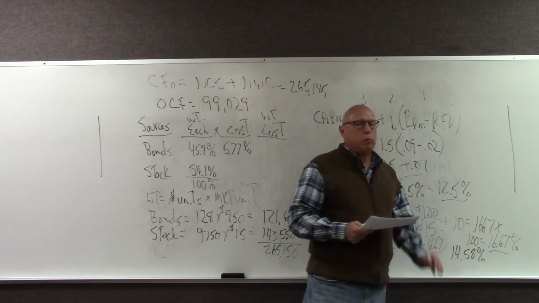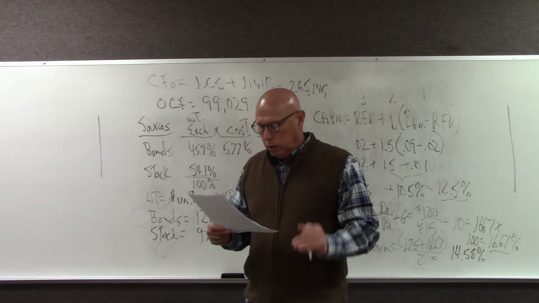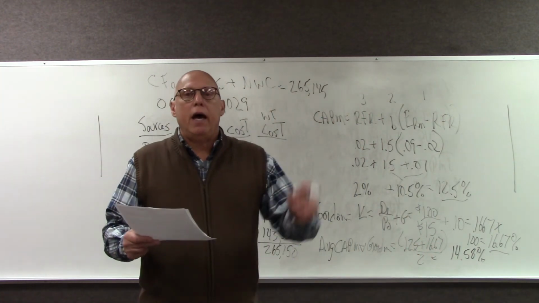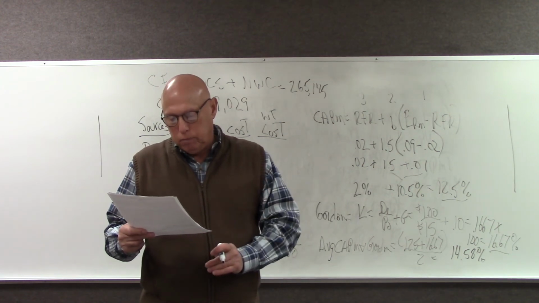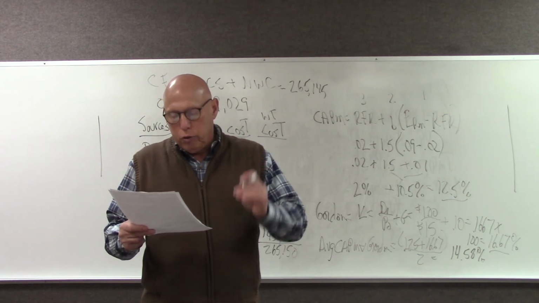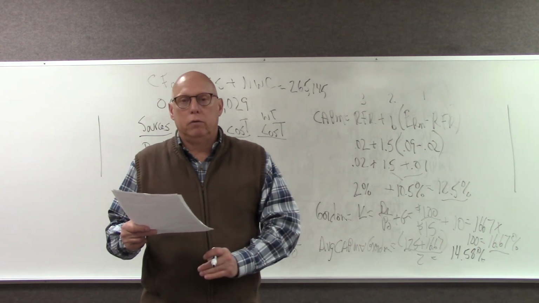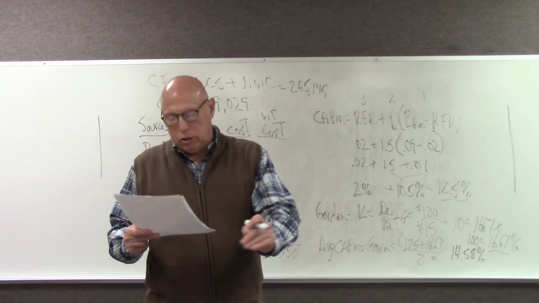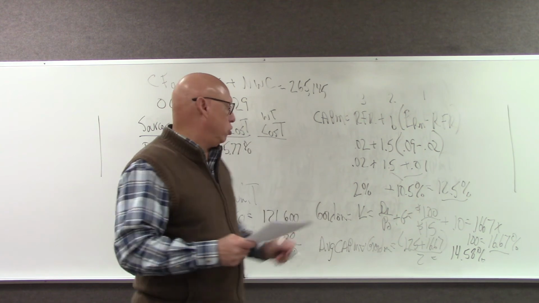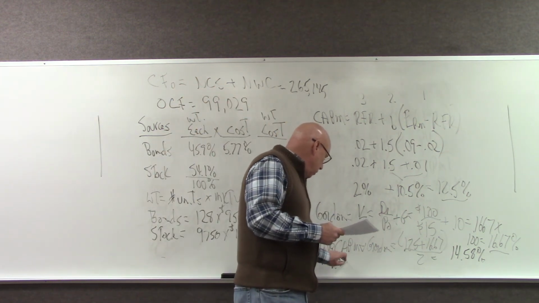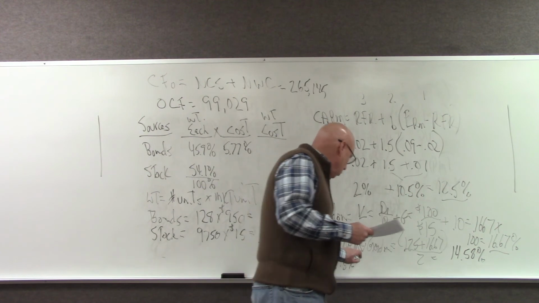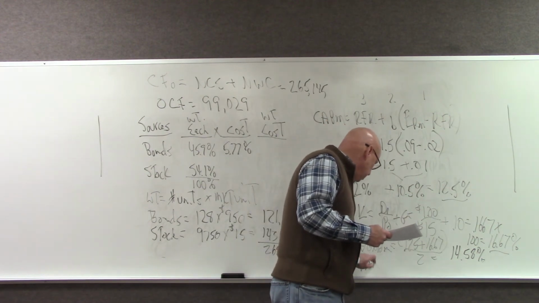Now I say in this problem, I don't do this on the test, but in this problem, I say add 7.5 percentage points to the cost of equity because of risk. So that's how I want you to treat this. So plus the risk adjustment, we'll call that the risk premium.